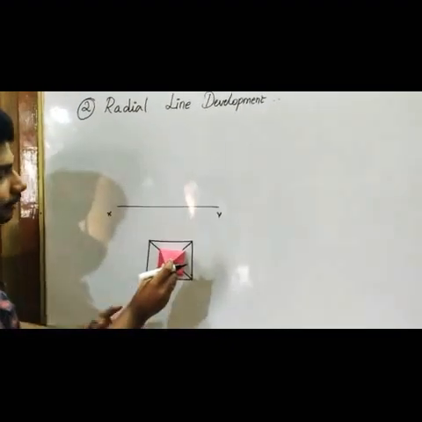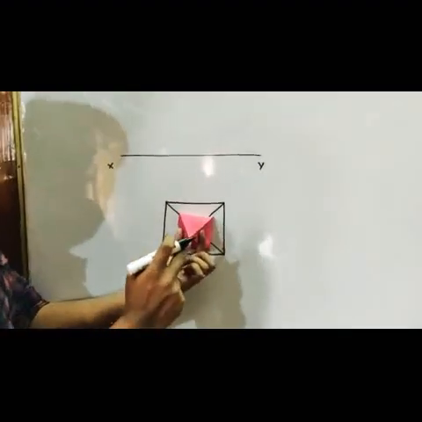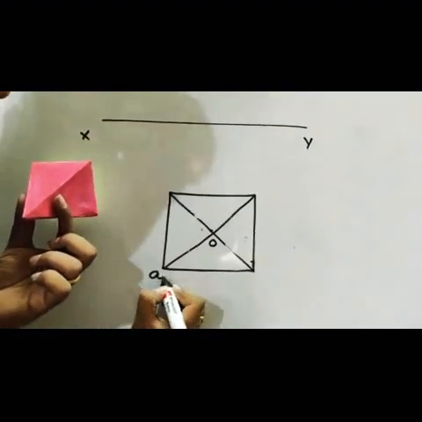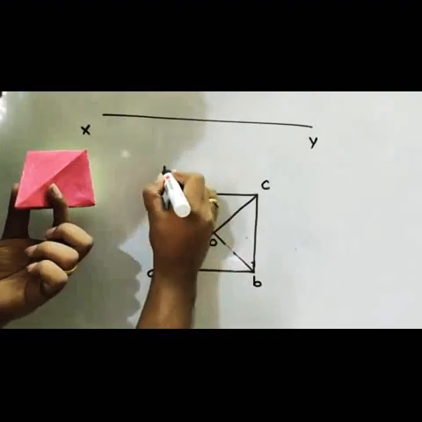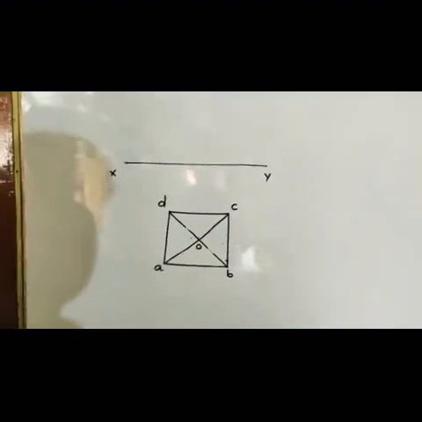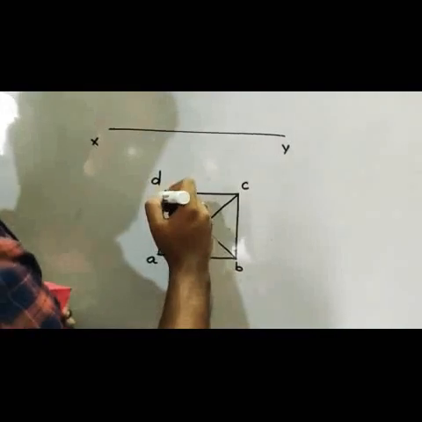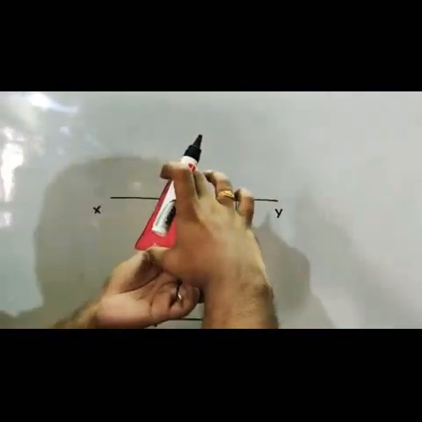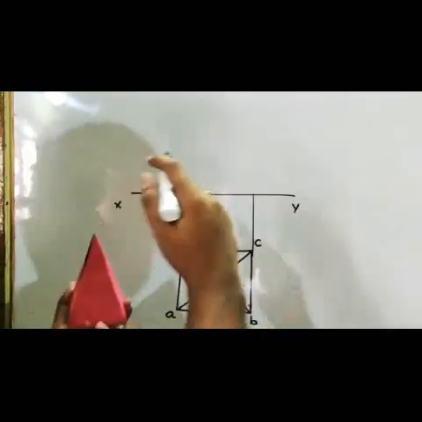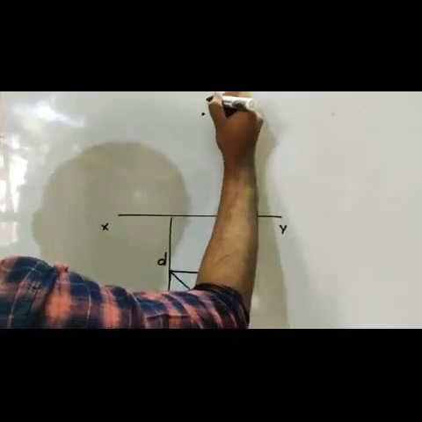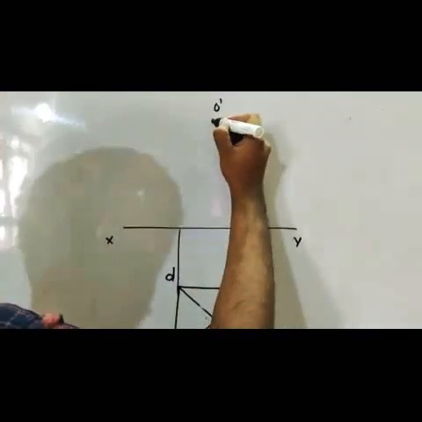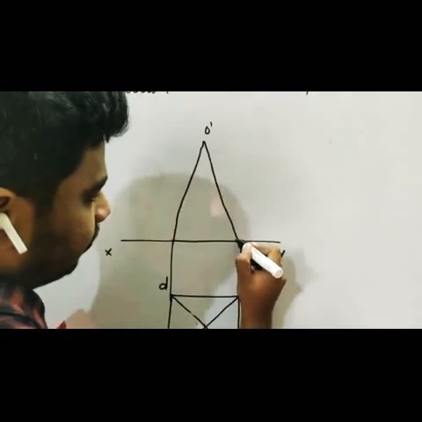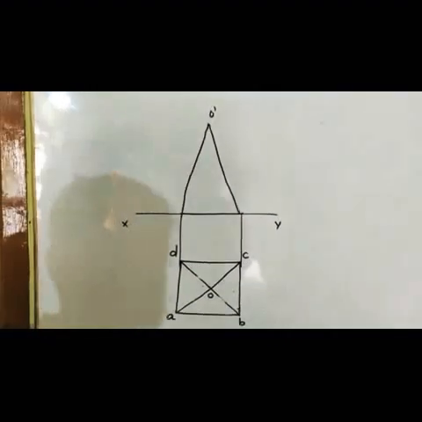So I have placed my pyramid like this when you are viewing from the top, and this is your point O and this is your A, B, C and D, right? Now I am going to draw projectors. You know some altitude, right? Some height will be there for the pyramid, so you mark that height, and that point is your O dash, and you connect this and you will get the pyramid shape, right?